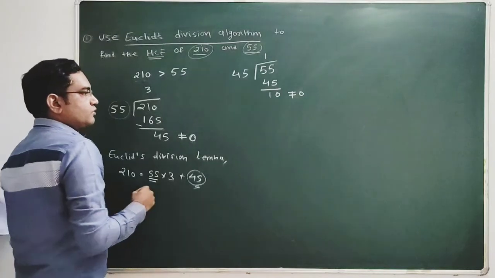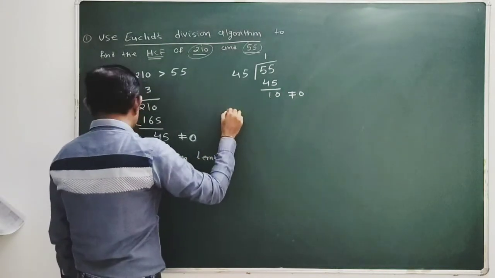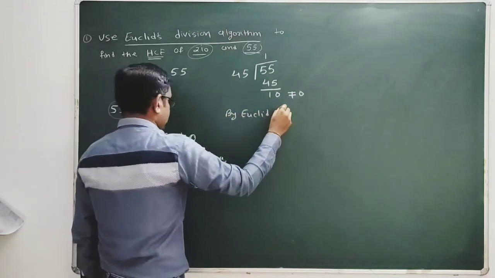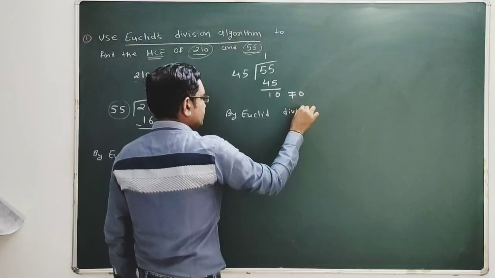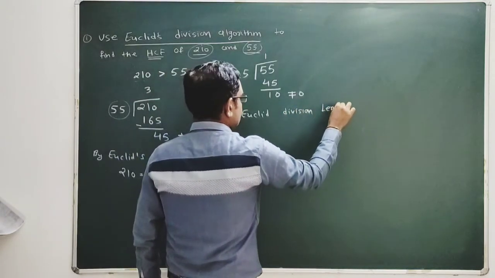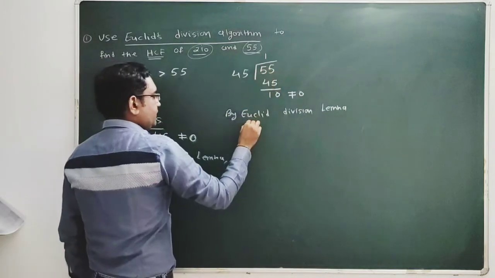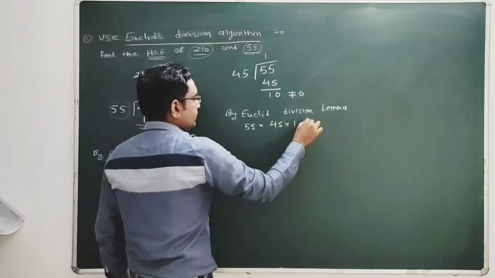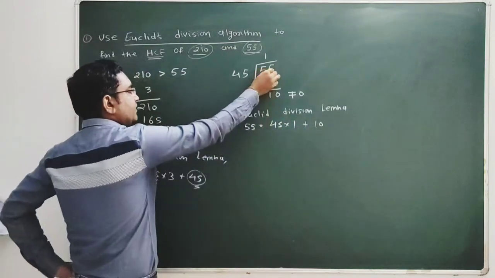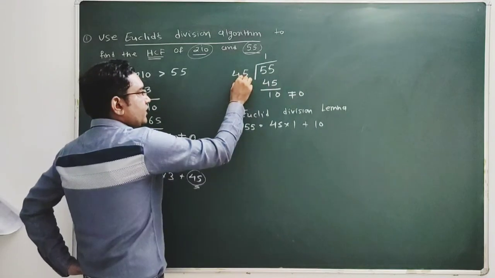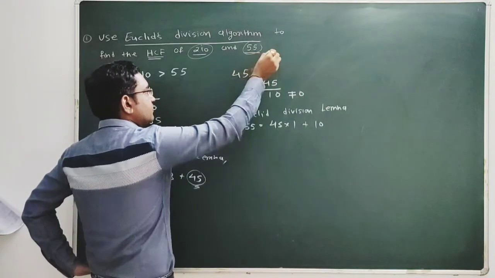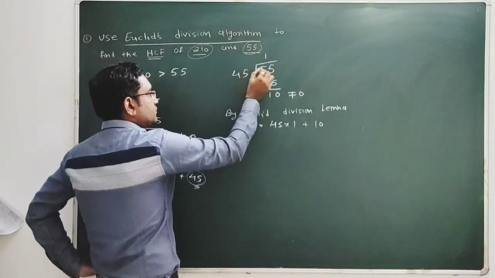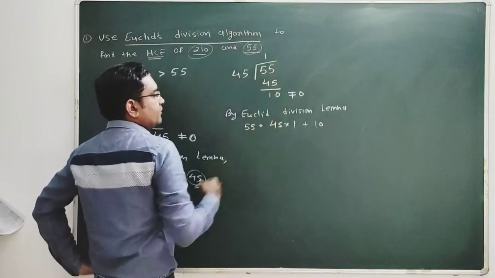So according to Euclid's division lemma, we can write this 55 as a multiplication of 45 with 1 plus 10. 55 is our dividend, this 45 is our divisor, 1 is quotient and 10 is remainder. So 55 is equal to 45 into 1 plus 10.